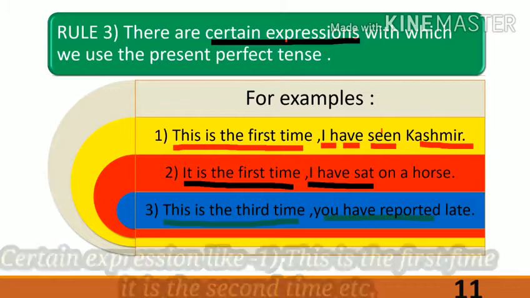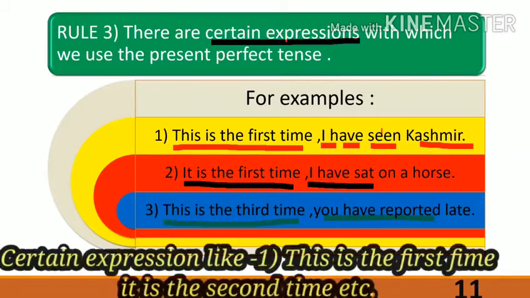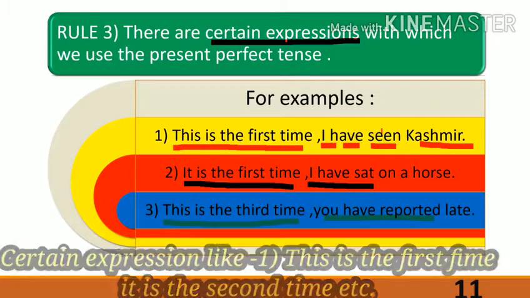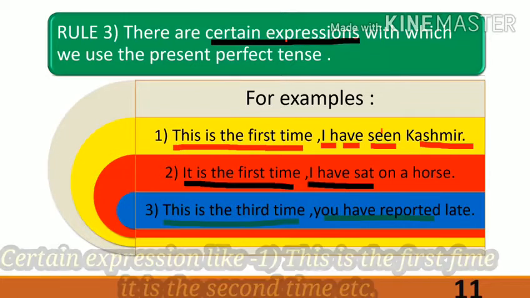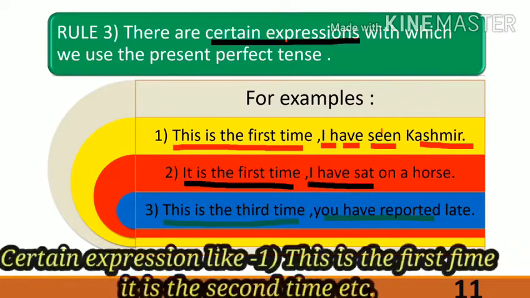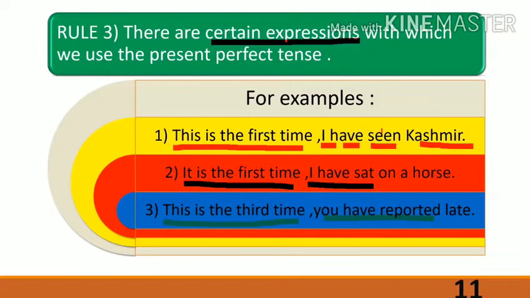Here also there is a use of the present perfect. That means whenever we speak something with the expression, we make use of the present perfect tense, whether it is the first time, second time, third time, fourth time. It depends on you. But remember one thing: when you speak like this, when you write like this, you make the use of the present perfect.